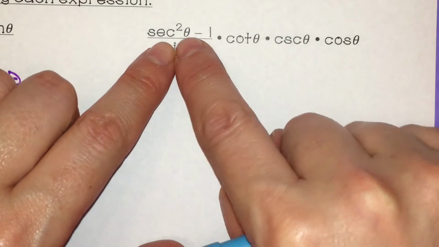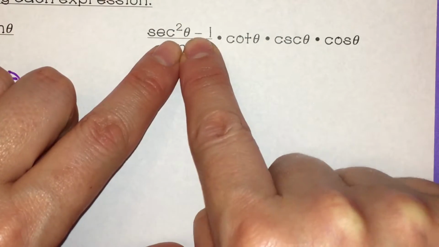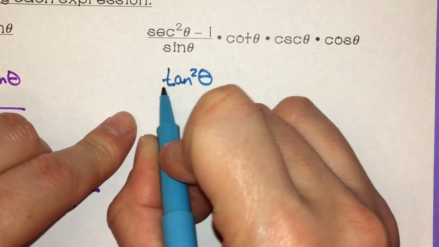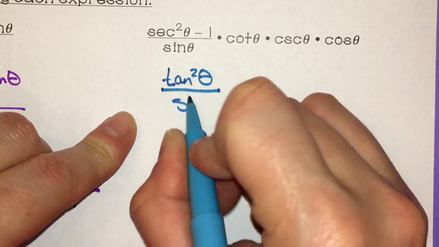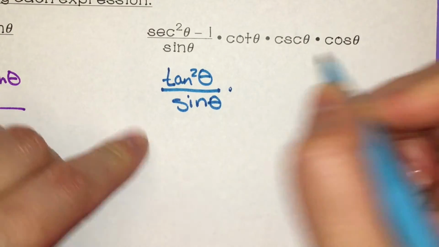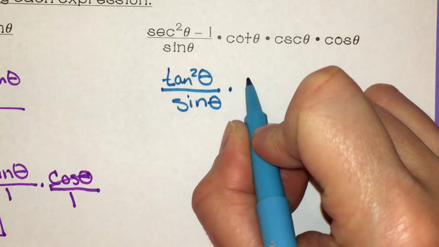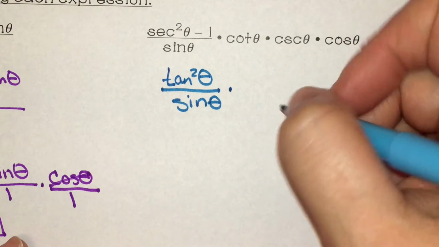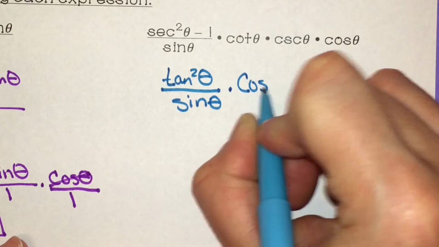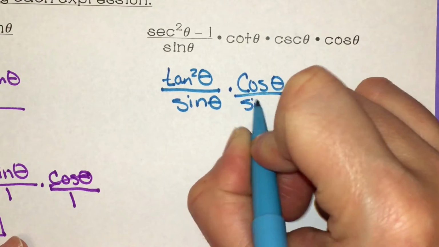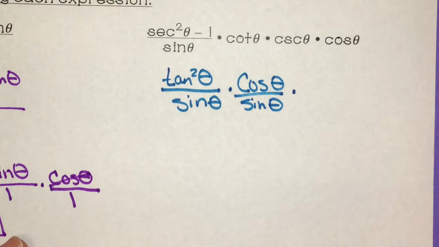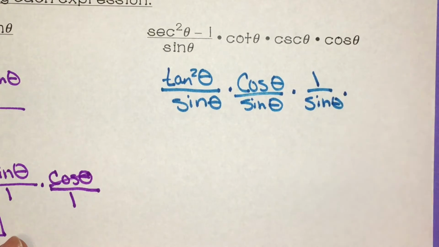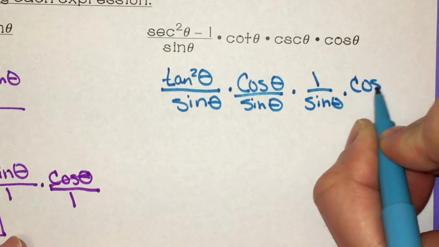So I know this part right here is equal to tangent squared theta over sine theta times, here I have the cotangent theta. I'm just going to rewrite that.